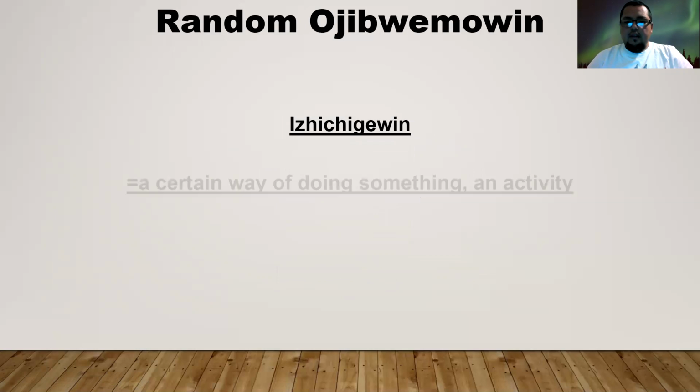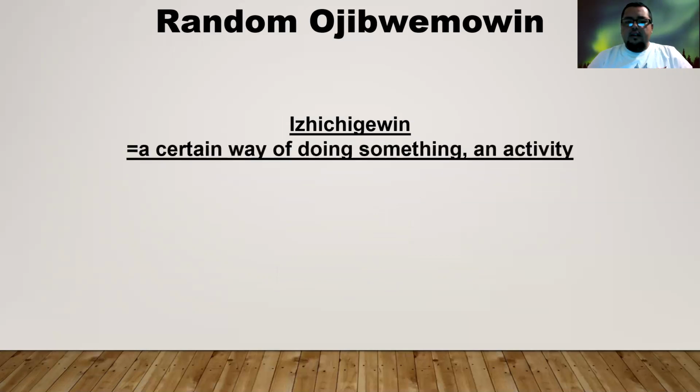All right. And now we're going to move on to the part where we describe activities. It's a certain way of doing something, an activity, kind of describing what's going on. Some of the activities we're going to be working with, we're going to pick 5.